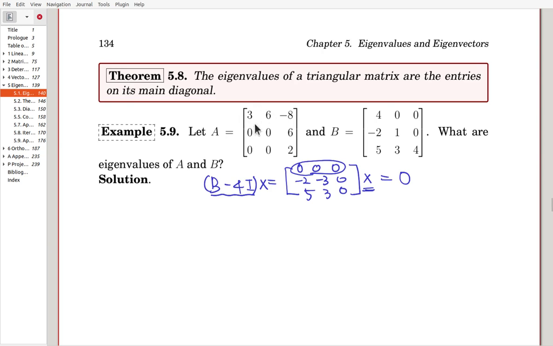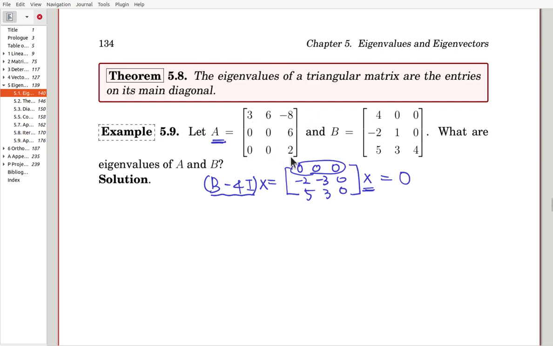For matrix A with lambda equal to 3, when 3 is subtracted, this column is a 0 column, so there is at least one free variable after subtracting 3I from A. So A minus 3I has a non-trivial solution, which are eigenvectors corresponding to the number 3.